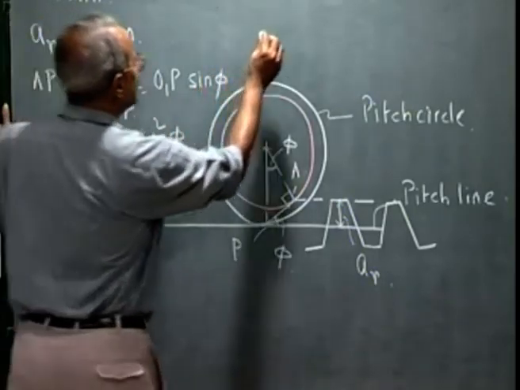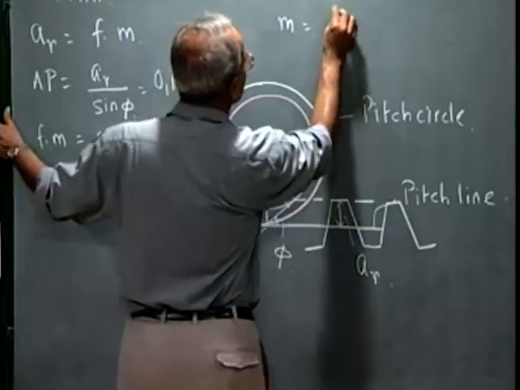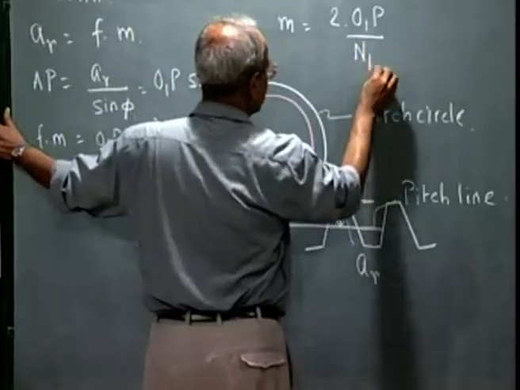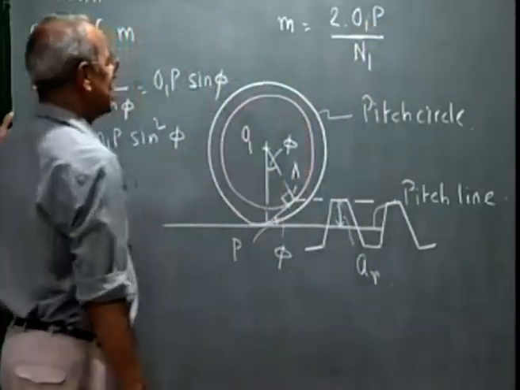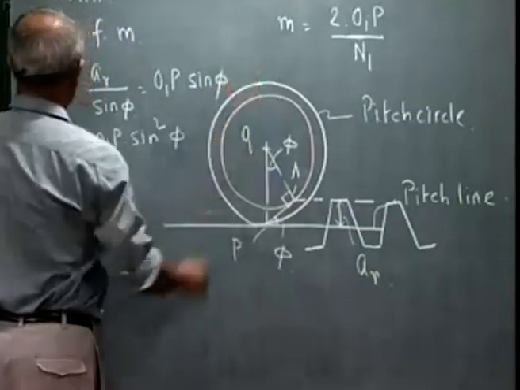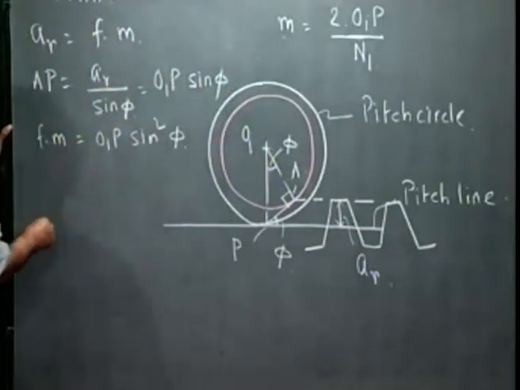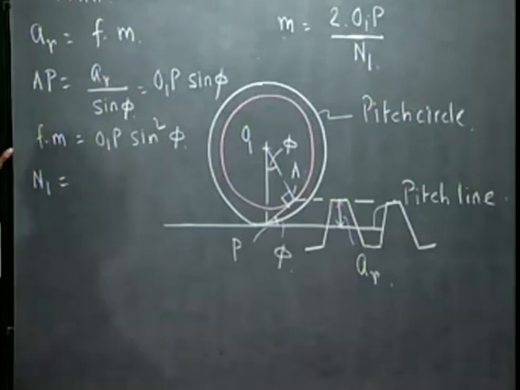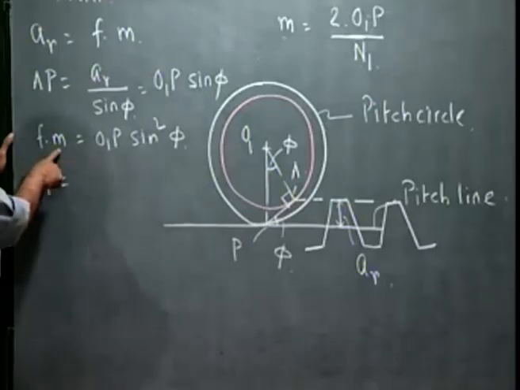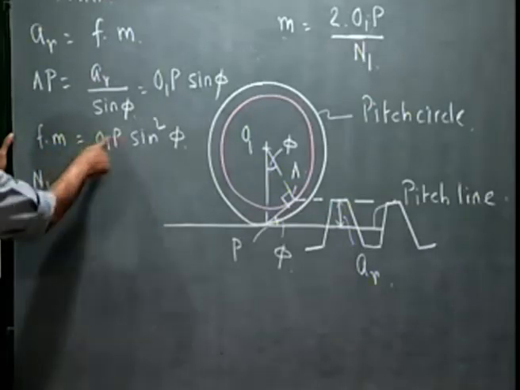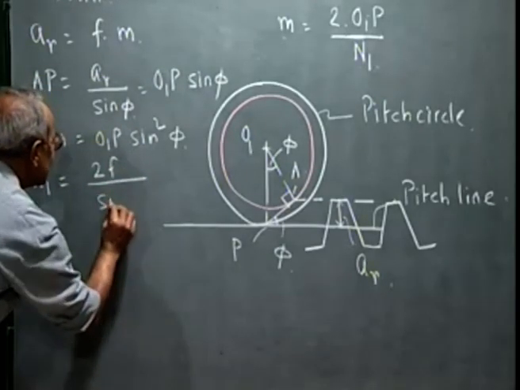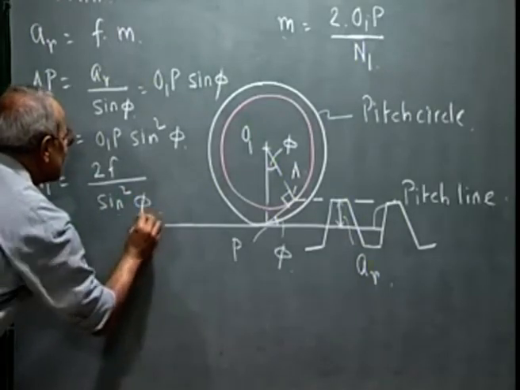And what was M? M, if you remember, is nothing but 2 into O1P by N1. Pitch circle diameter by the number of teeth, that is the definition of the module. So, if I place that, I get N1 M, I am writing twice O1P by N1, O1P cancels, N1 is 2F by sin squared phi.